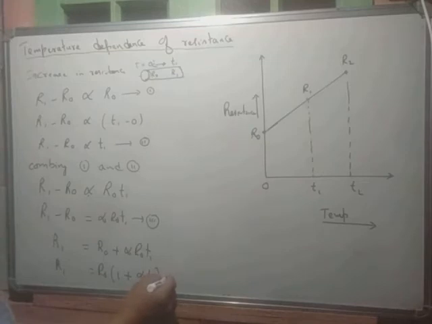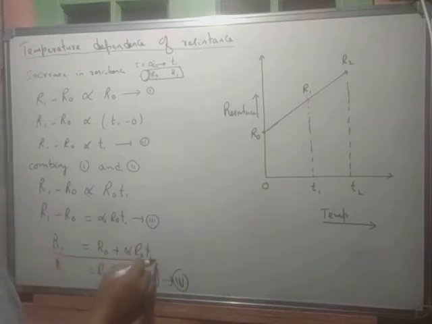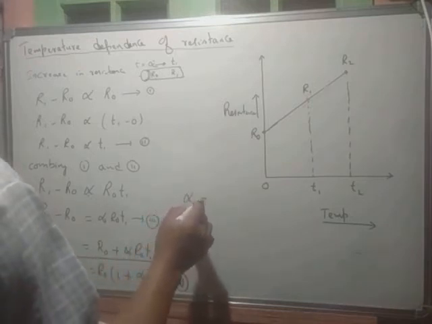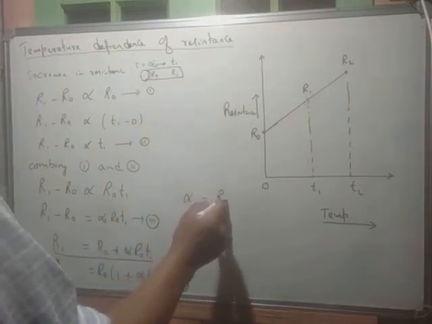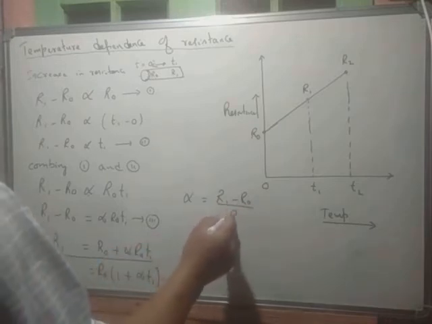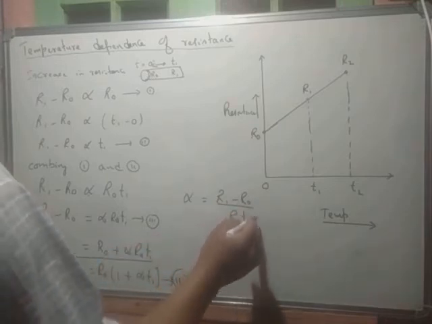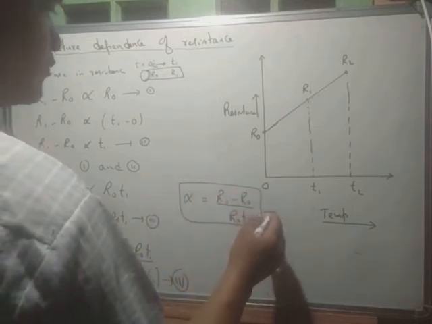So this is the final resistance of a conductor at a temperature T1. Also, from this equation, if you find out alpha, then alpha is equal to R1 minus R0 upon R0 times T1. This is equation number 5.